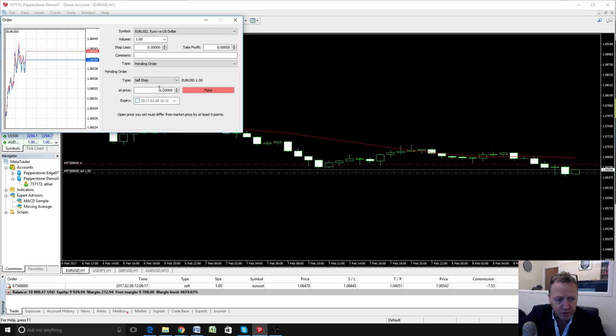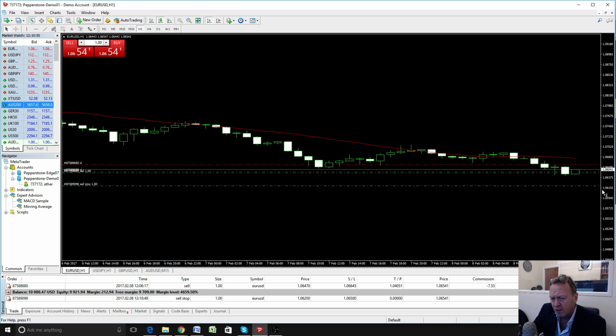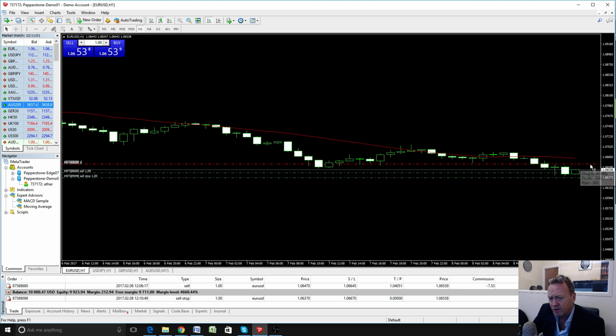The euro versus the US dollar, very close to parity. So let's put the stop loss in there. There you go. So there's my order. So I pop my order and I've got my stop loss there. Now that order initially is too far away, so I'm just going to clasp that with the cursor, bring it back up. So there's our second order today.